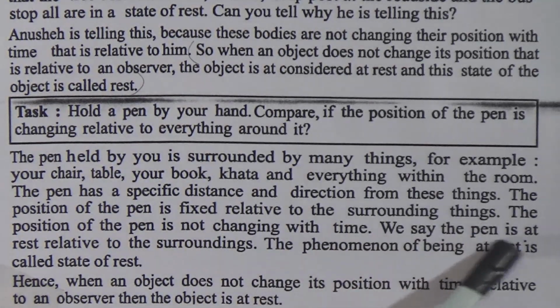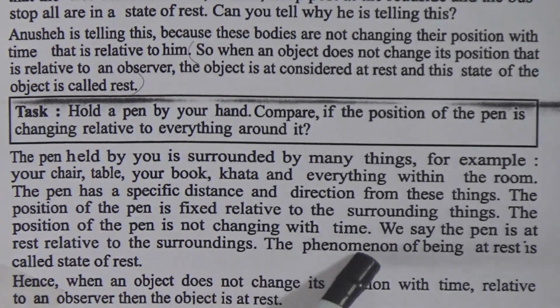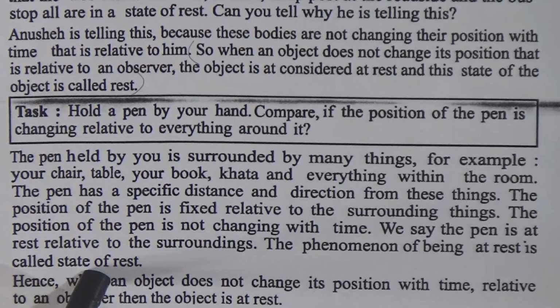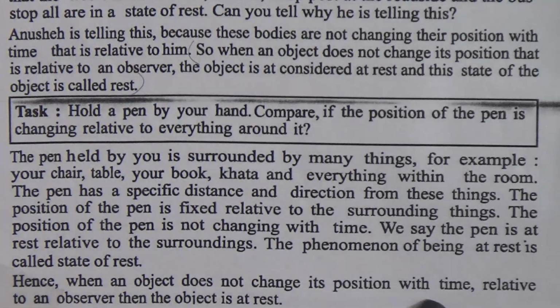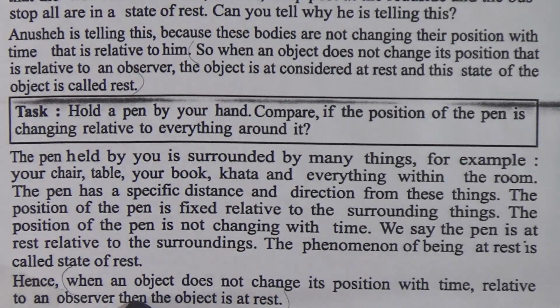We say the pen is at rest relative to the surroundings. The phenomenon of being at rest is called state of rest. Hence, when an object does not change its position with time relative to an observer, then the object is at rest. This is another definition of rest. When we call an object at rest, that is the answer to that question.